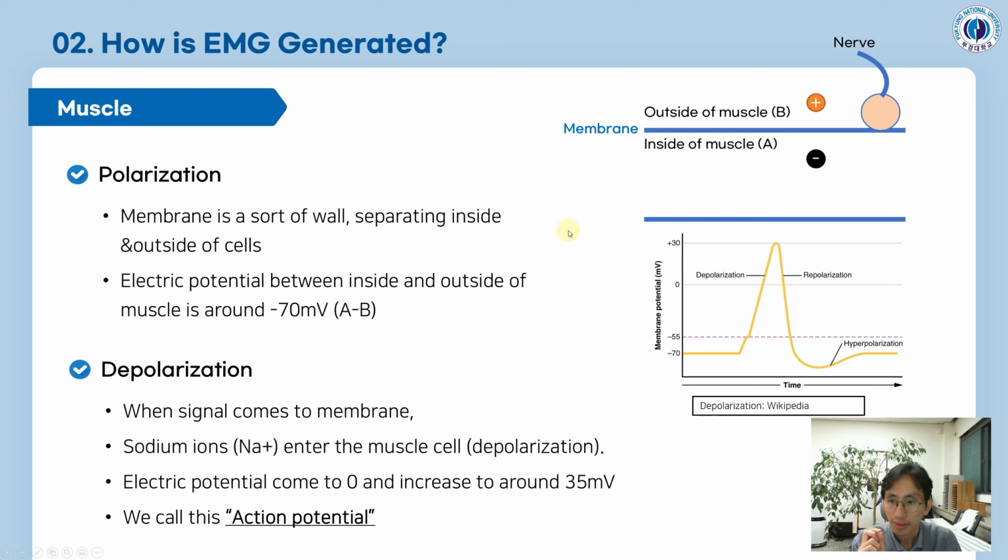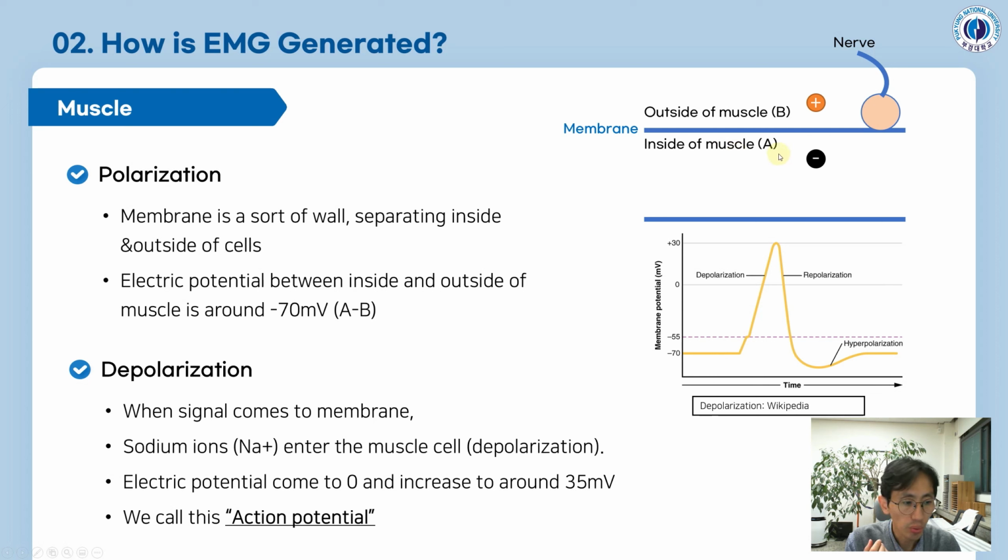Before talking about that, I told you about the membrane, and this membrane separates the inside and the outside of the muscle cells. Before the nerve gives signals to the membrane, there is an electric potential difference between the inside and outside of the membrane.